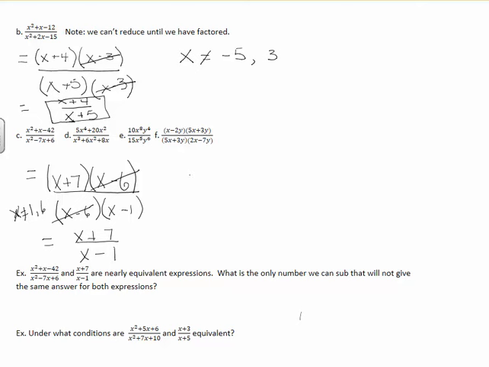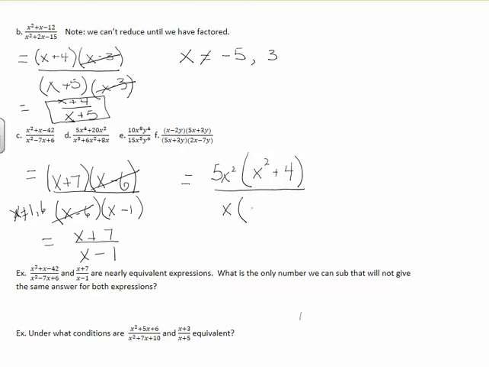So for question D, I look at the top and I realize I still have addition separating my terms, so I'm going to need to factor that as well. I realize that I can common factor out 5 from both terms and also 2 x's. Once I've done that, I'm left with x squared plus 4. And it's all going to be over my trinomial there, which I can common factor first as well.